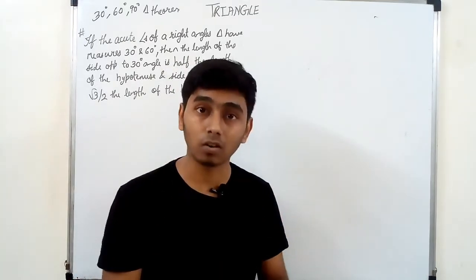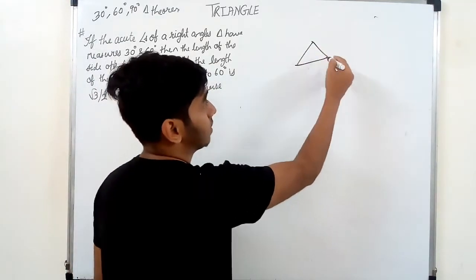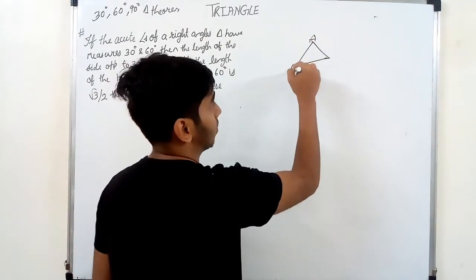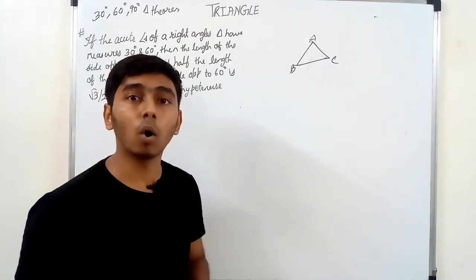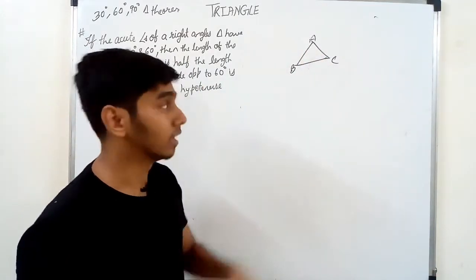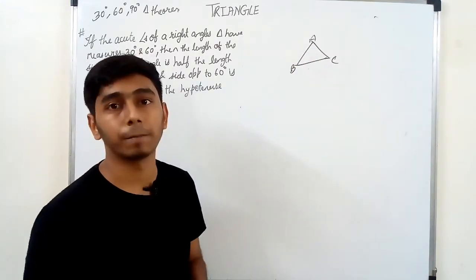So if three sides are congruent, like if there is this triangle ABC, and AB, BC and AC, all three sides are congruent, then angle A, angle B and angle C are also congruent.